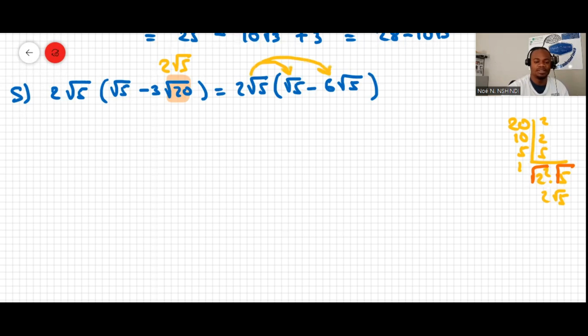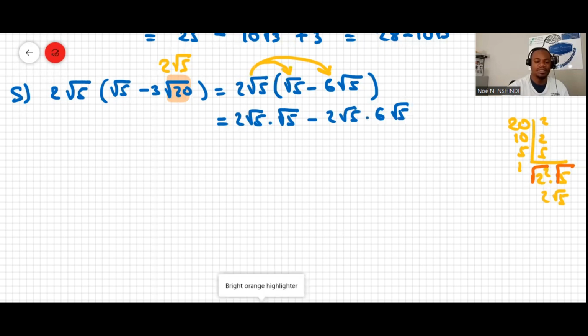It's going to be like that, and then this will be 2 root 5 multiplied by root 5, and then negative 2 times 6 makes 12. So let's just say 2 root 5 multiplied by 6 root 5.